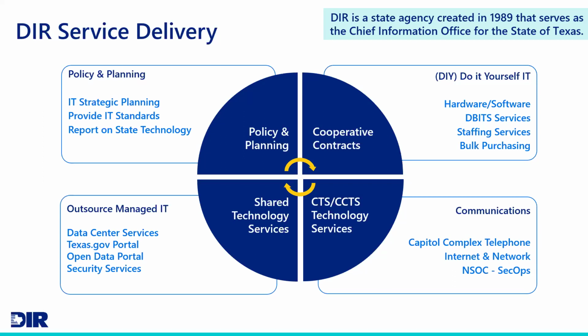So for example, if we know that Health and Human Services needs to order 4,000 new computers, and we know that Dallas County needs to order 3,000 new computers, we're going to take that information back to our computer contract vendor holders and attempt to negotiate a short-term bulk purchasing opportunity.